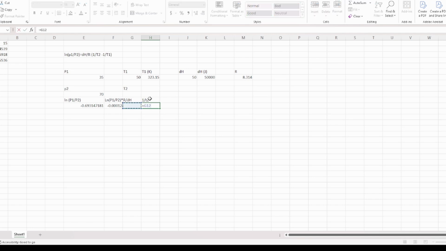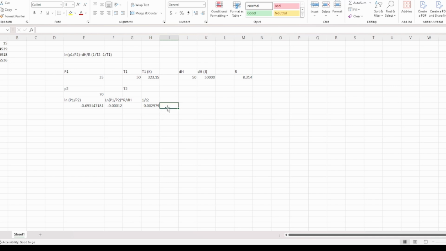So I'm going to say equals whatever this is, and I'm going to add 1 divided by my T1, whatever that number is. Notice I get a positive number, which is good. If you do not get a positive number, you have done something horribly, horribly wrong. You can never have a negative temperature in Kelvin. Impossible.